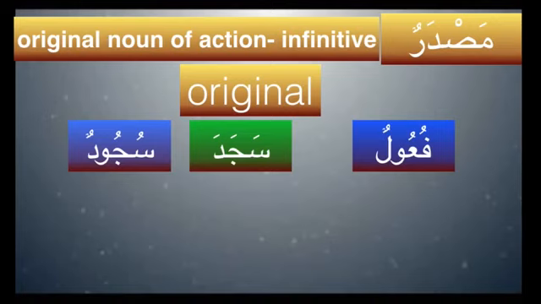So the letters are found in the masdar. Sujudun. We have jim, and we have dal, for example. And that is one of the patterns. We just learned in the video before, raka'a, ruku'un. So ruku'un has the verb base letters. So the masdar which has the verb base letters is the original masdar.